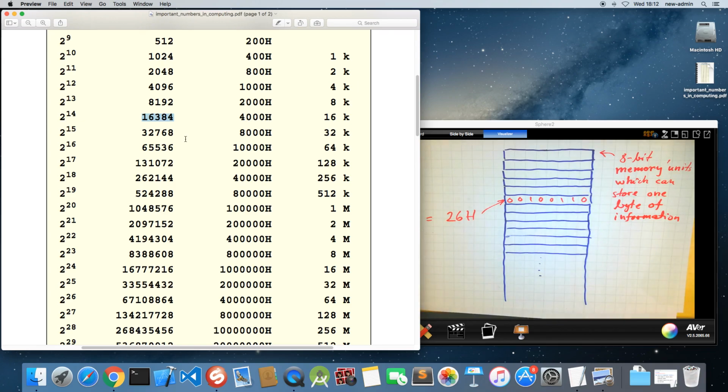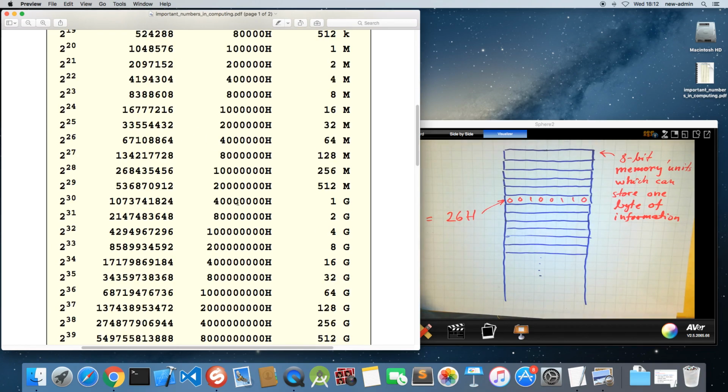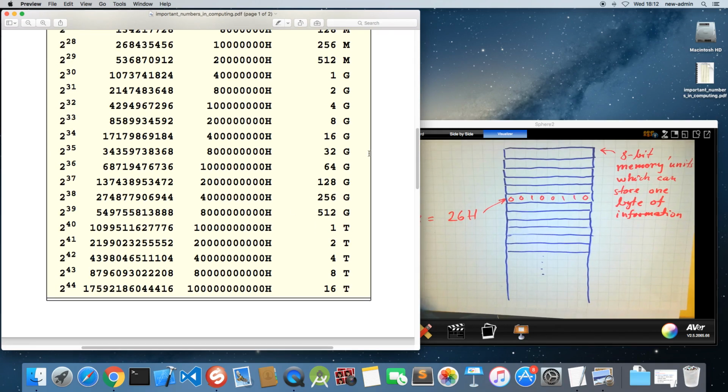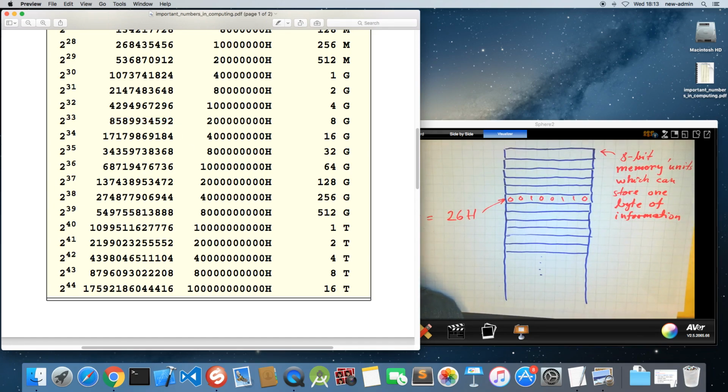For instance, if your computer has 8 gigabytes of main memory, it means that there are this many bytes of memory, or this many memory cells in your computer that is used by the processor of the computer. This number is so big that I won't try to pronounce it, but it's 2 to the power of 33.